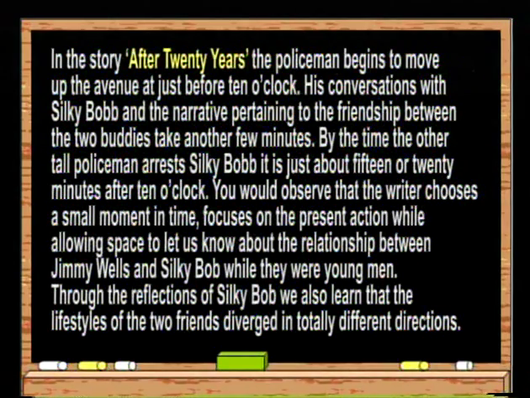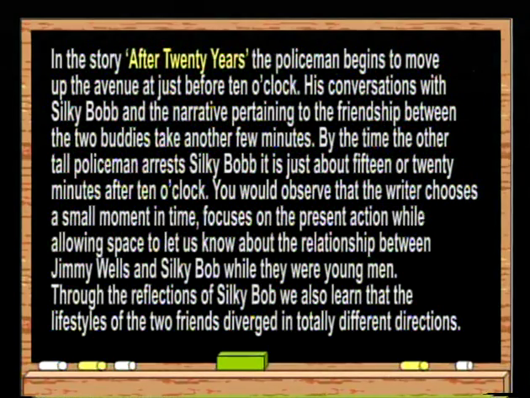By the time the other tall policeman arrests Silky Bob, it is just about 15 or 20 minutes after 10 o'clock. You would observe that the writer chooses a small moment in time, focuses on the present action, while allowing space to let us know about the relationship between Jimmy Wells and Silky Bob while they were young men.